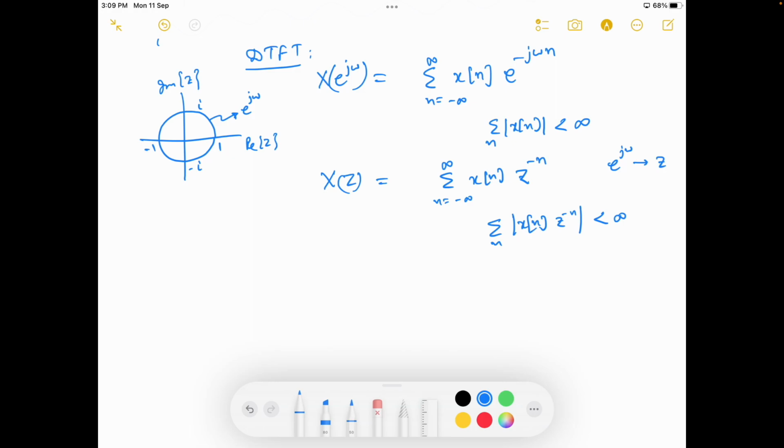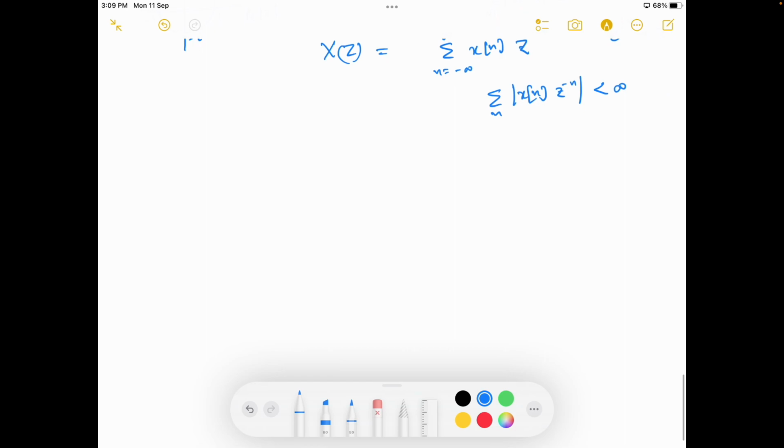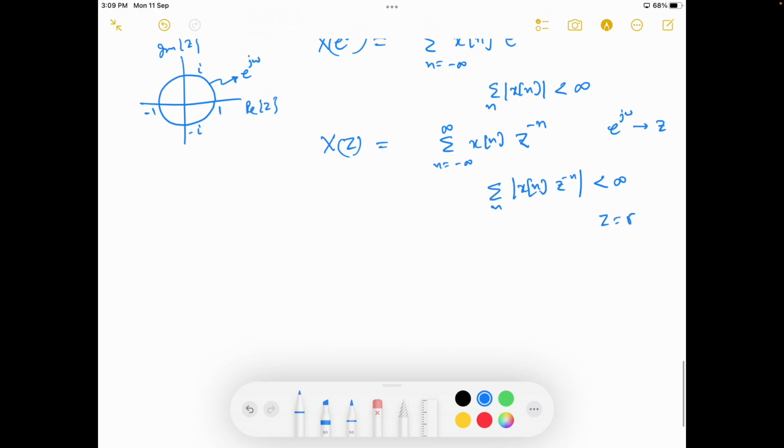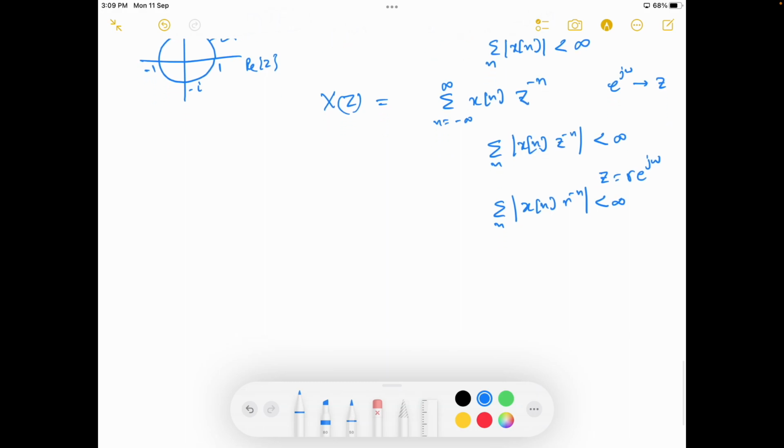You all know what an infinite series is. So let's say my z is equal to r times e to the power j omega, where r is the magnitude of z. I may be able to choose an r so that it converges, right? So this is the advantage of the Z-transform. This is one very theoretical advantage, but the practical advantage I'll show you in some time.